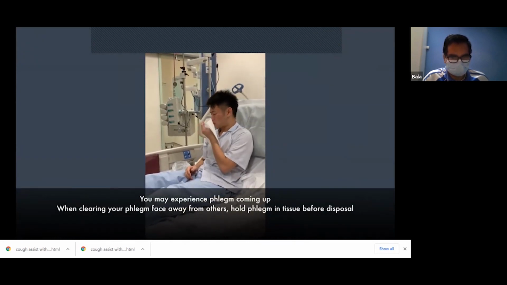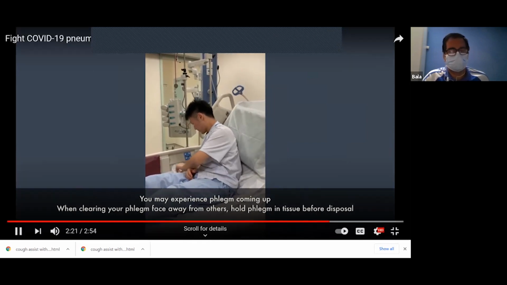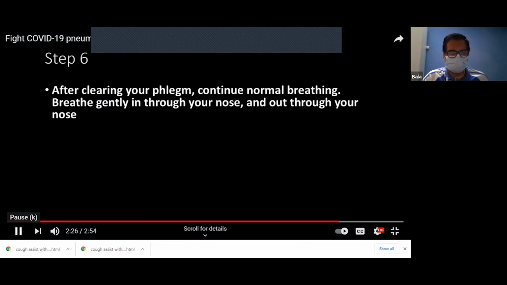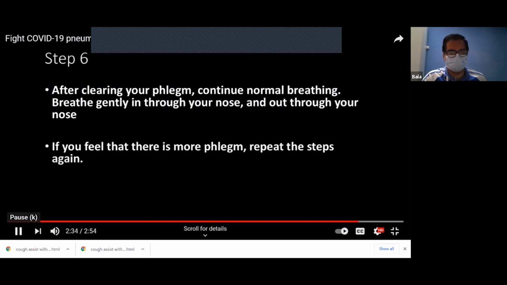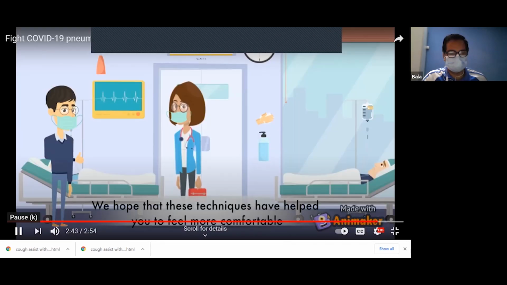When clearing phlegm, face away from others. Hold your phlegm in a tissue before disposing of it. Step 6. After clearing your phlegm, continue normal breathing. Breathe gently in and out through your nose. If you feel there's more phlegm to clear, repeat the steps again. You can do this as frequently as you like to help with the clearing of phlegm.